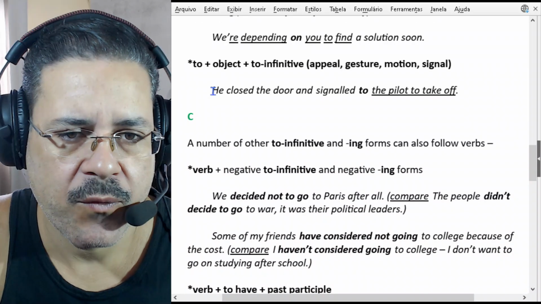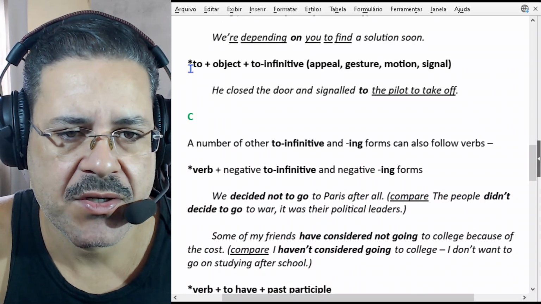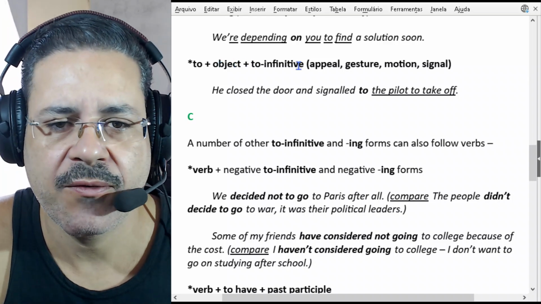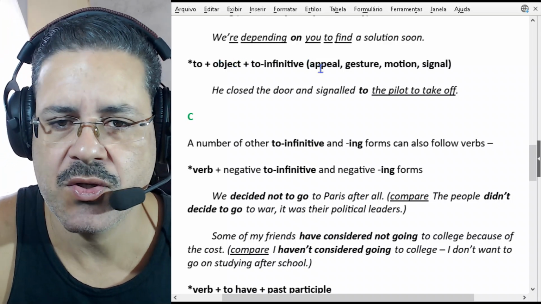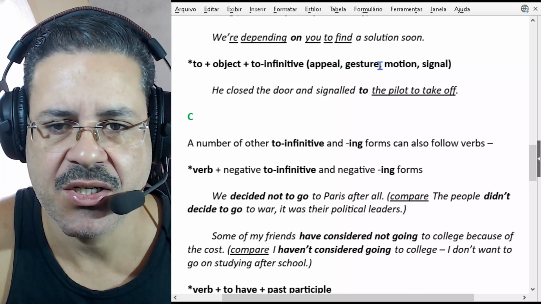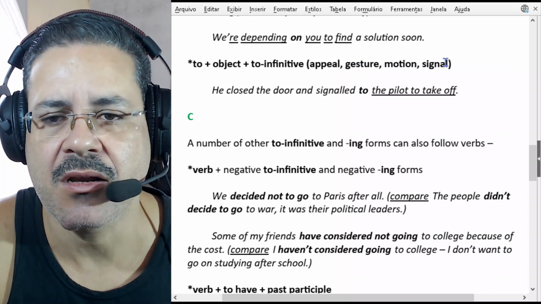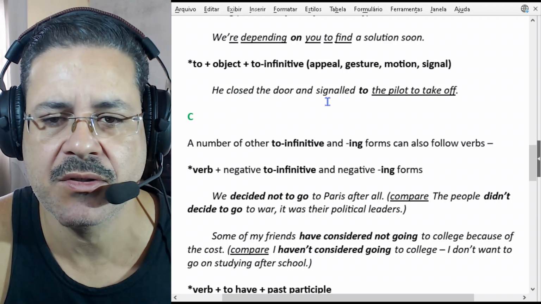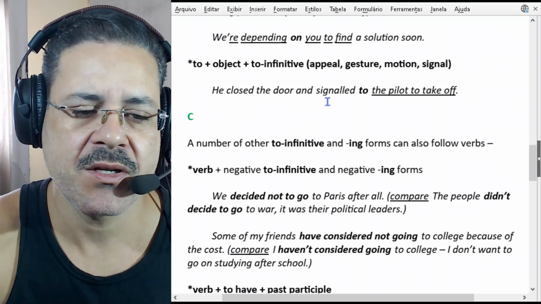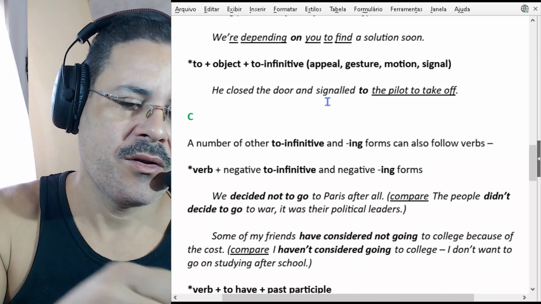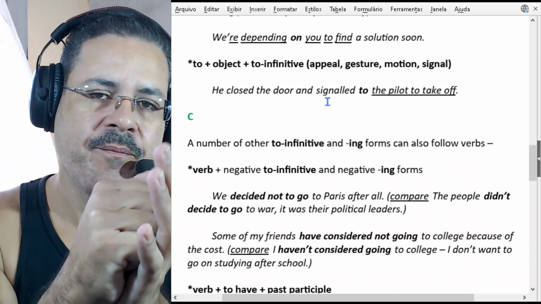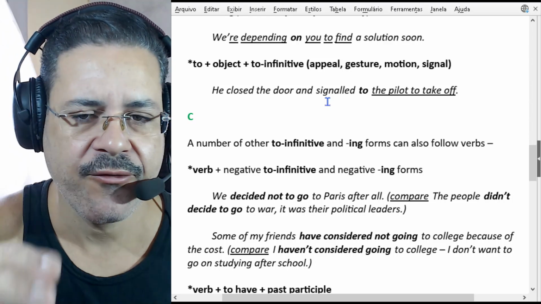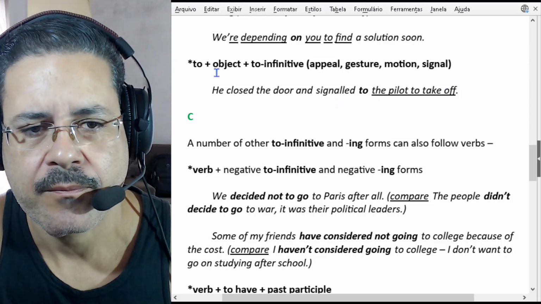Okay, moving on. We've got another pattern here with the preposition to plus object or object plus to infinitive with the verbs, for example, to appeal, gesture, motion, and signal. For example, he closed the door and signaled to the pilot to take off.